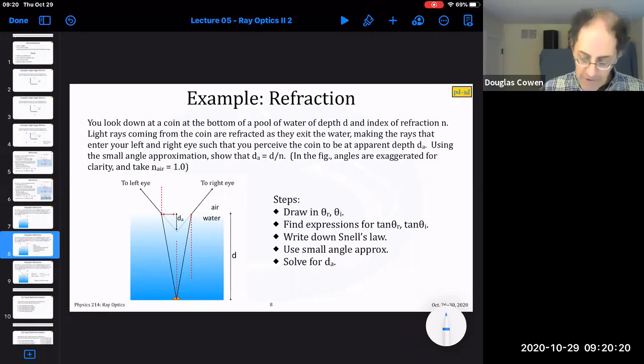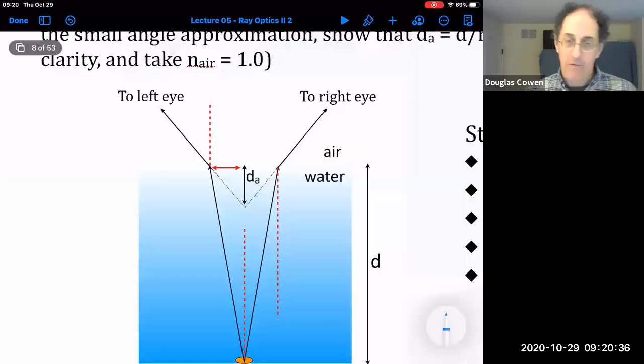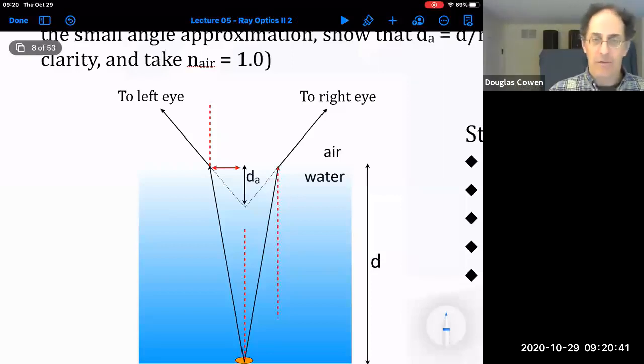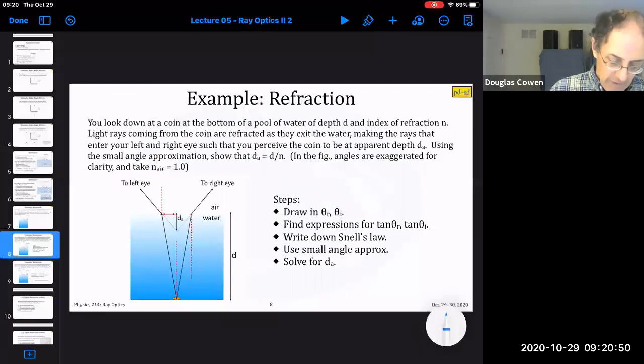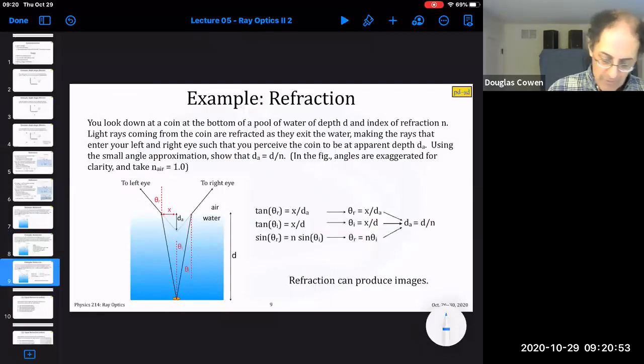Then we're going to find expressions for the tangents of those angles and write down Snell's law, and then use a small angle approximation in order to simplify things and solve for d sub a. Now notice the way I've drawn this figure, the small angle approximation doesn't look like it could be used. But recall that I have exaggerated all these angles in order to make it easier to see what's going on. So the angles are in fact small enough to use the small angle approximation.